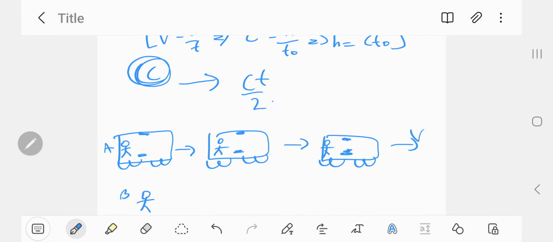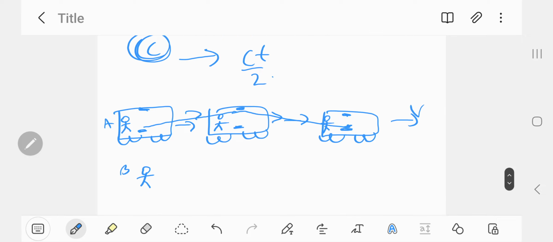According to the observer B on the platform, they would see the light beam zigzag up, down as the train is moving. So for each line on the zigzag, the observer on the platform would see the length traveled was c t over 2. So c t over 2 here and c t over 2 here.